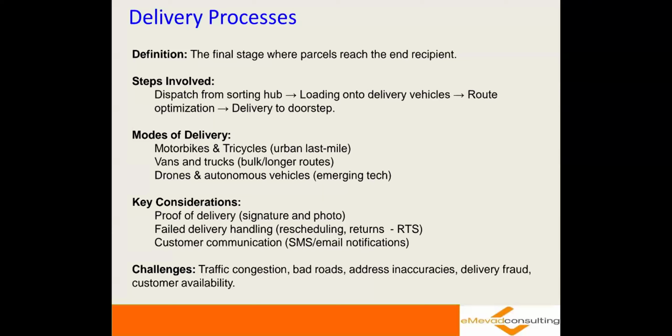So you can see the steps involved here: dispatch from the sorting hub, meaning they have been sent out of the sorting hub now, then loading onto delivery vehicles, start loading the items. And there are so many things that we use to load. We shouldn't forget that. All these ones are not written here in your lecture notes. You could load by hand, by carrying the package with your motorbike, or if you are loading a van, start arranging them in your box.